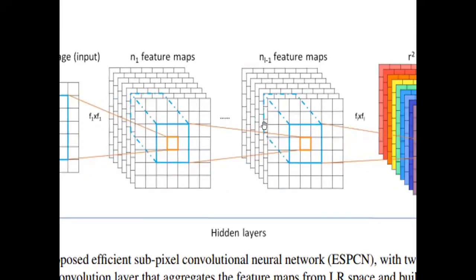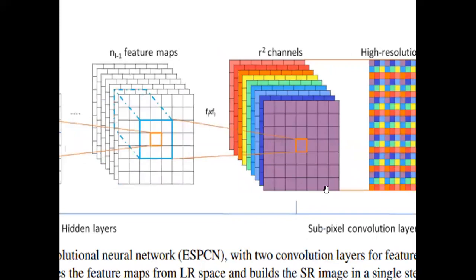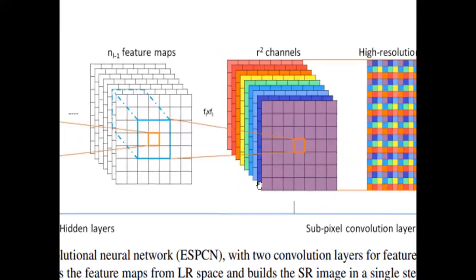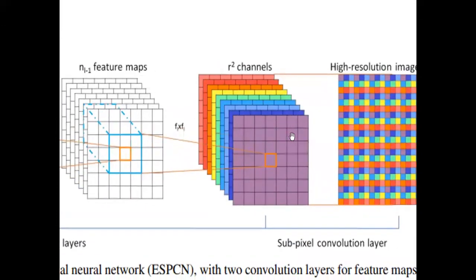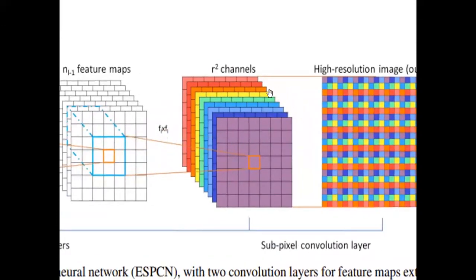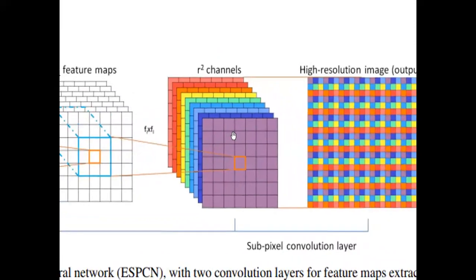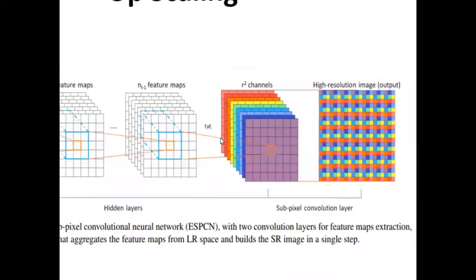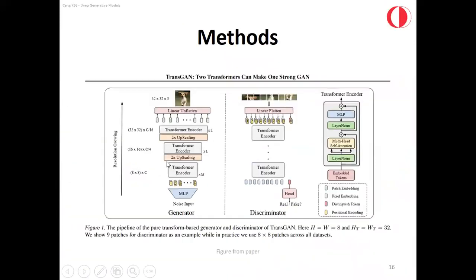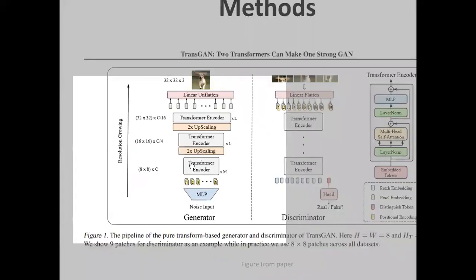When we go deeper, we have a low height and width, but a big number of channels. And then we locally unroll this image in order to get high resolution images. So here we do the same things, but in an inverse way.